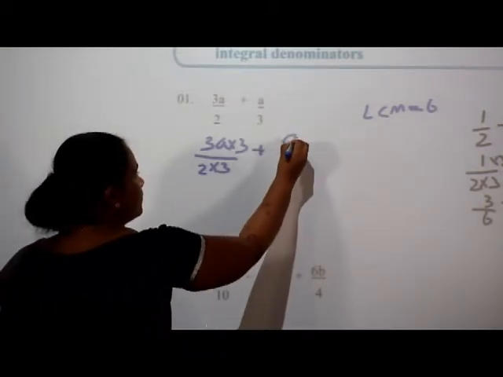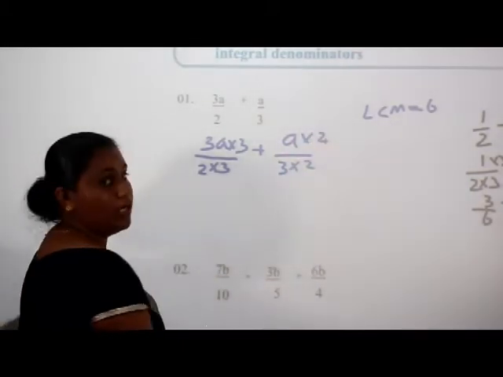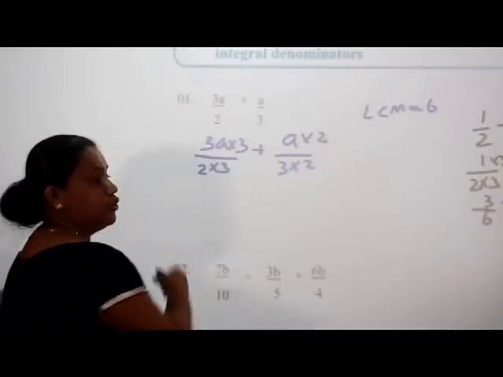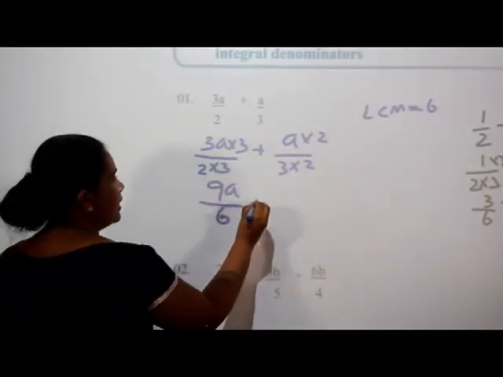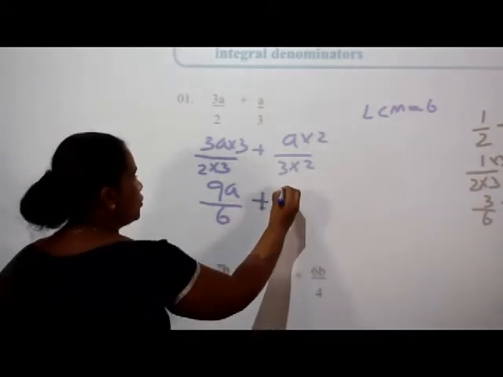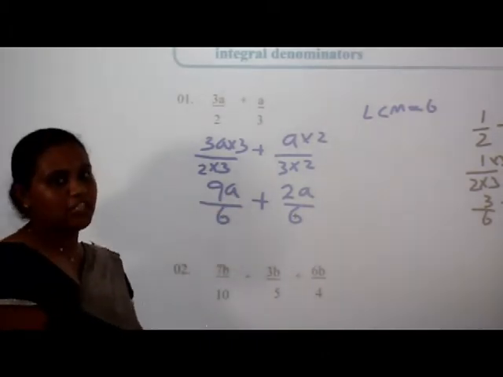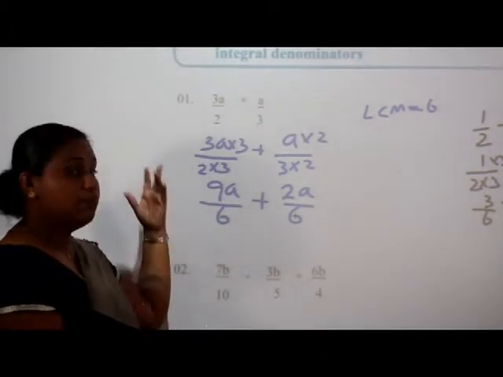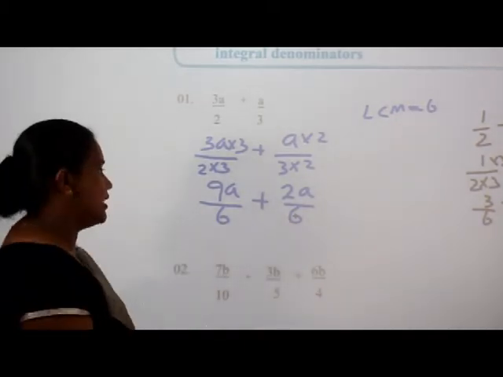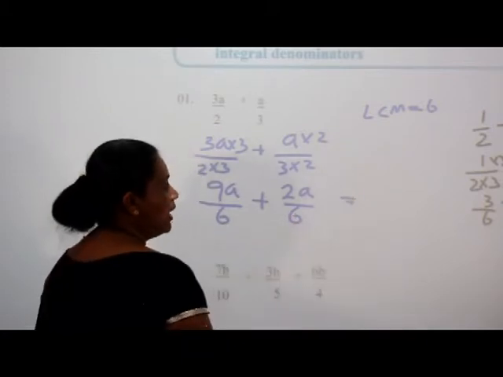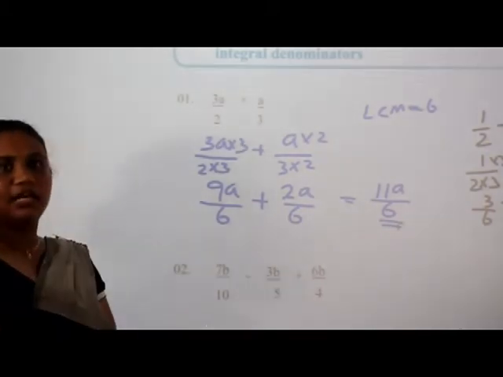And here, I can multiply both numerator and denominator by 2. 3a into 3, the answer is 9a over 6, plus a into 2, 2a over 6. Now you can see fractions you have learned before. Here, the denominators are equal. Now you can add the numerators. So 9a plus 2a is 11a over 6. This is the final answer.